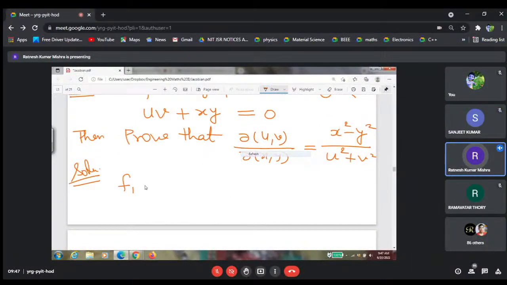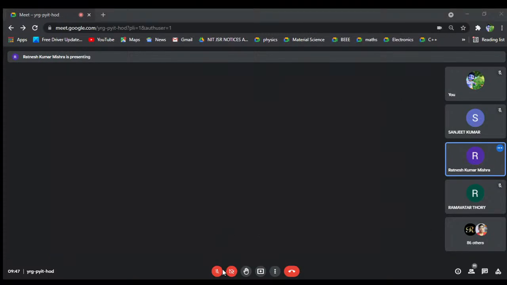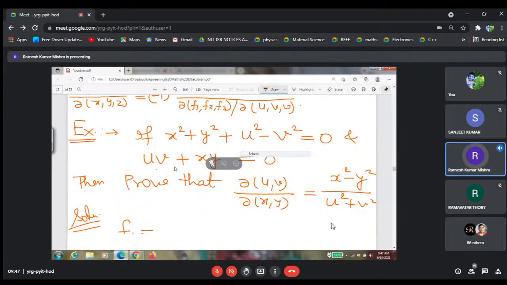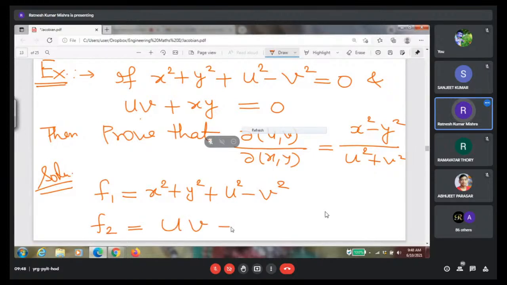So first you write f1. There are two choices, either this is f1 or this is f1. So you can write any one as f1. First one is f1 equal to x square plus y square plus u square minus v square, and f2 is uv plus xy.